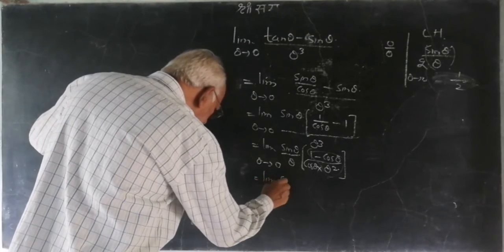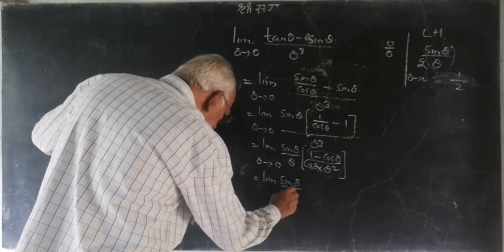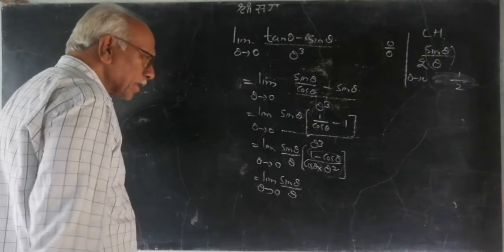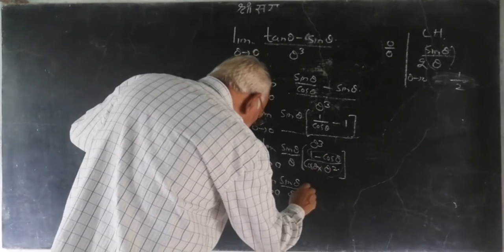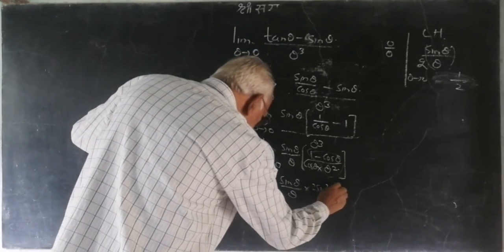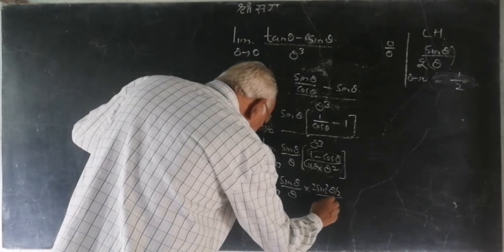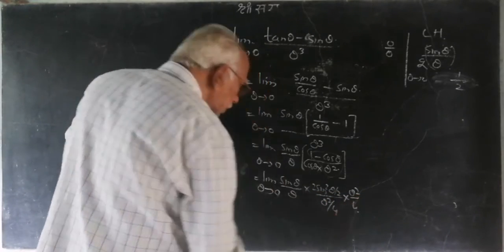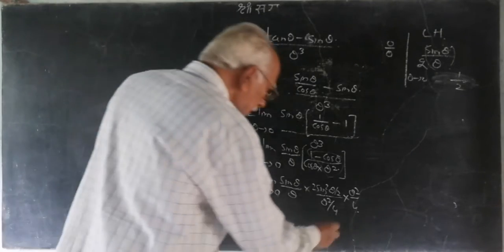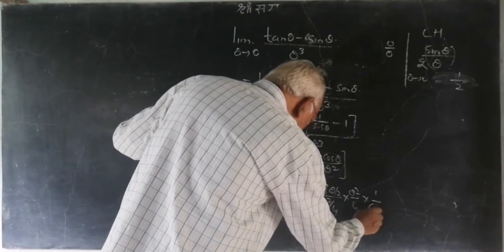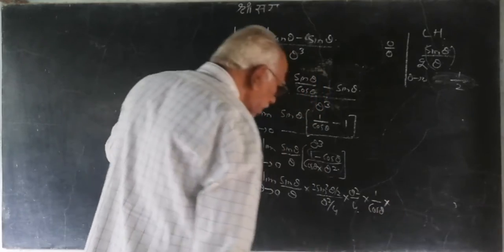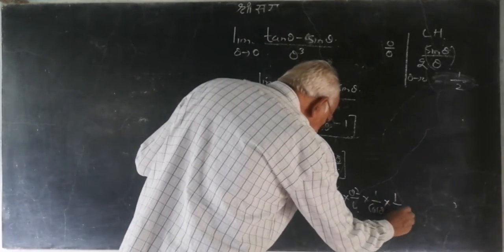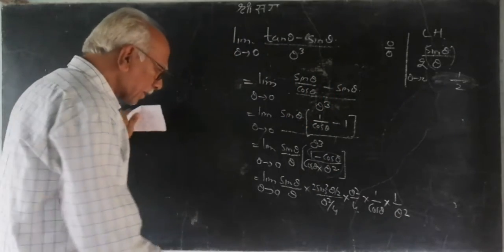First part is already adjusted, sin theta by theta, as theta tends to 0. 1 minus cos theta is nothing but 2 sin square theta by 2. For that, the adjustment is theta square by 4 into theta square by 4. Then cos theta does not require any adjustment, because cos 0 is 1. And then the remaining is 1 by theta square.